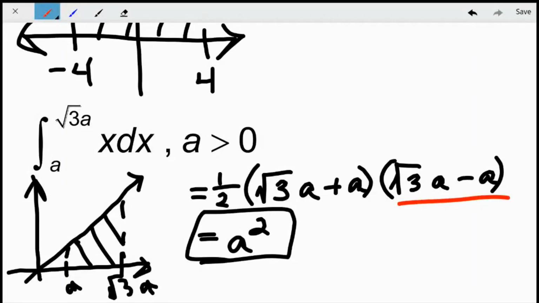And then the height is going to be, or excuse me, this is my height. What I have right here is the height of my trapezoid. And then the bases of my trapezoid are right here. This would be like base 1 and base 2. And then the 1/2 is out in front because we're dealing with the trapezoid. So still just dealing with area of a trapezoid, but very simple, just writing it in terms of a as opposed to getting an actual numerical value.